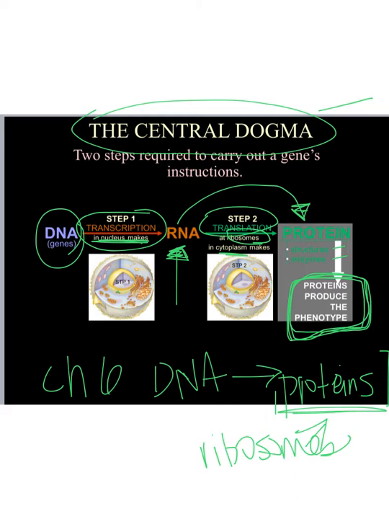We go all the way back to chapter 6, where we talk about DNA being the instructions for making the proteins, and proteins being made in the ribosomes, and then we bring it back to chapters 14 and 15, where we were talking about our genetic stuff. So it is these proteins that we make from the DNA that produce the phenotype that we see when we talk about genetics.